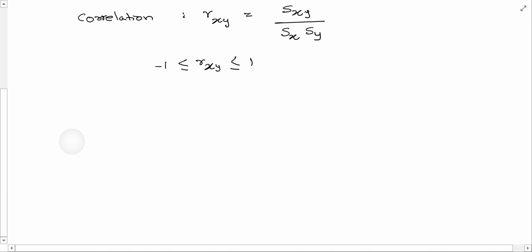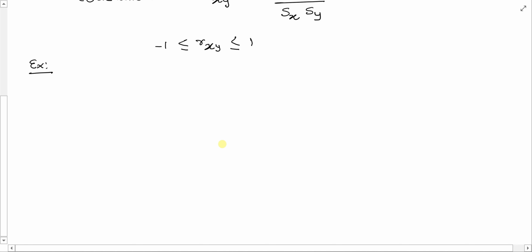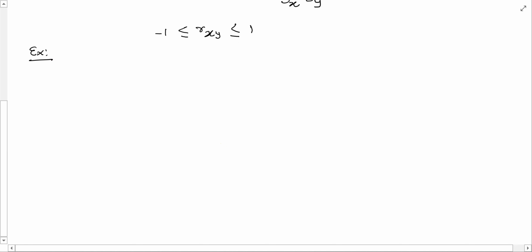So let's take an example to understand how does one go about calculating this correlation and covariance. So let's assume you have two variables, xi and yi, right? And xi takes the value 5, 10, and 15. This is just for simplicity.